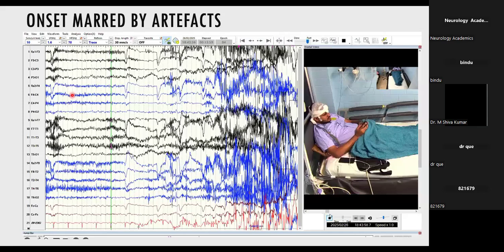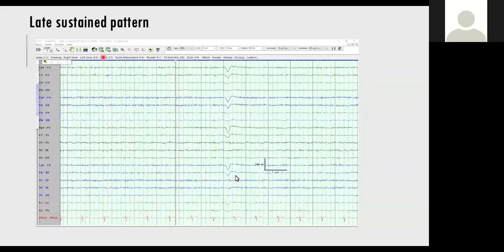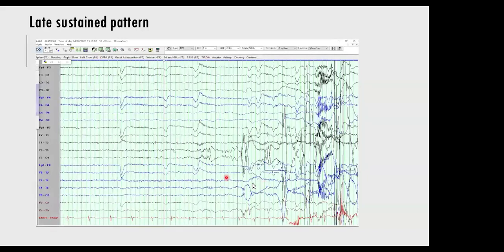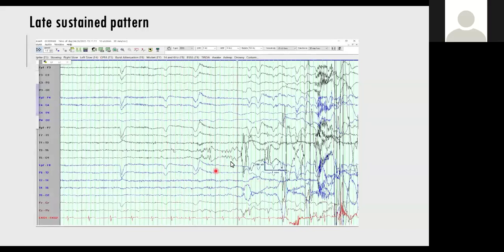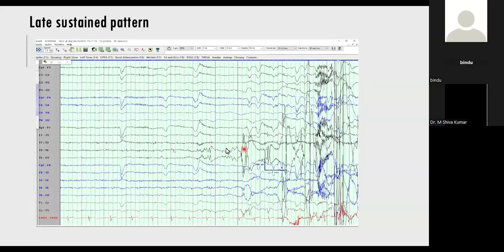Here we have seen some low voltage theta-like rhythm.